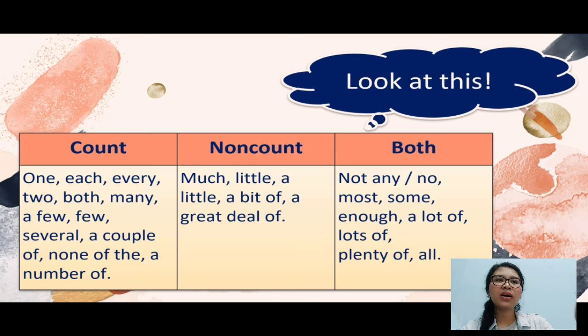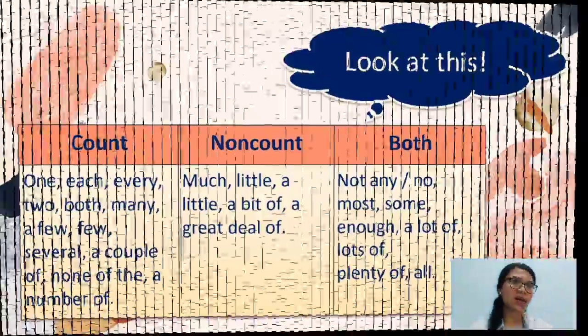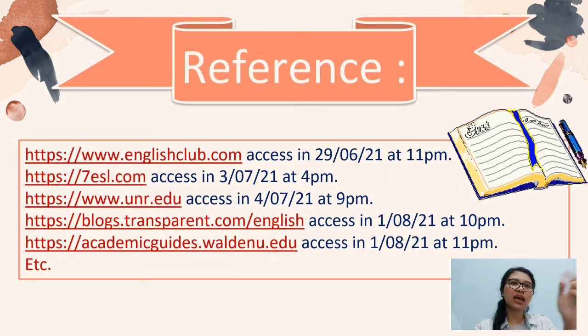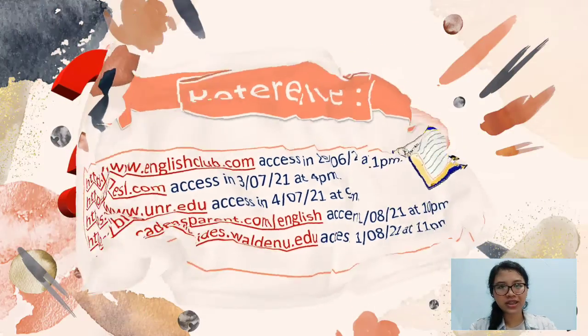But you can use not any or no, most, some, enough, a lot of, lots of, etc. with both countable and non-countable nouns. So yeah, this is the reference I can take for this material.